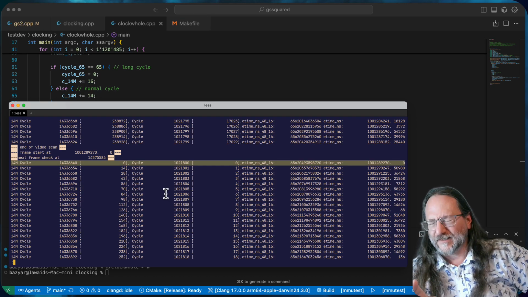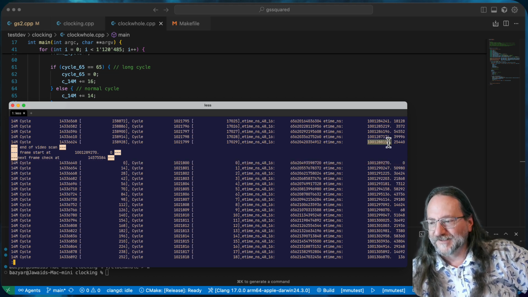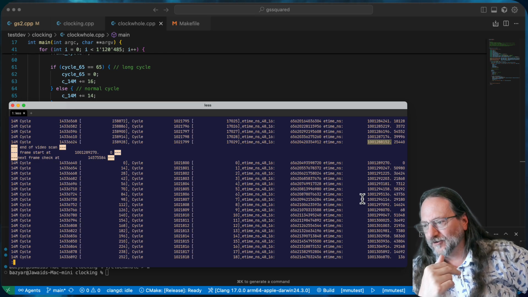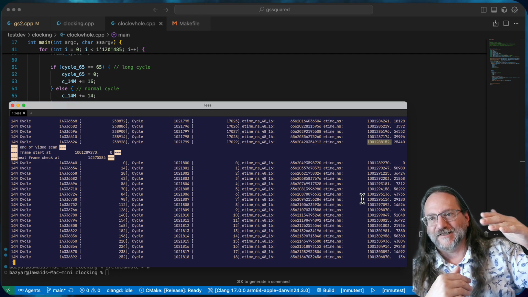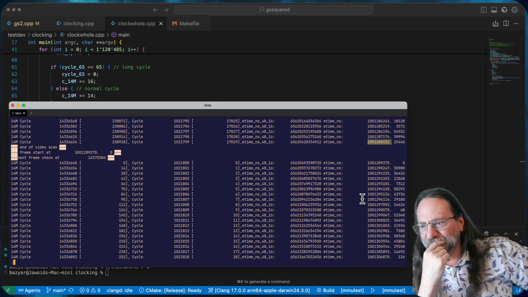What I'll do as the next step is, I'll monkey with this. I'll work on this some more. I don't think I can sleep for a half nanosecond. So I'm going to have to do a thing where in my main loop, I sleep for, you know, 0 and then 1 and then 0 and then 1 on alternate frames.